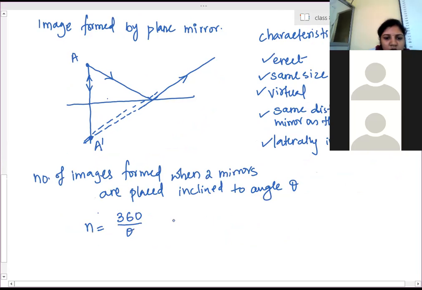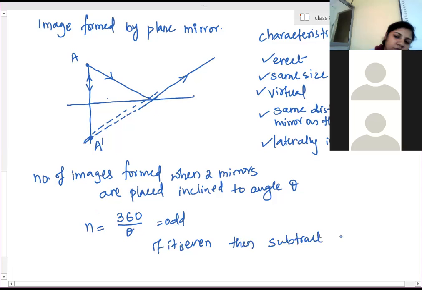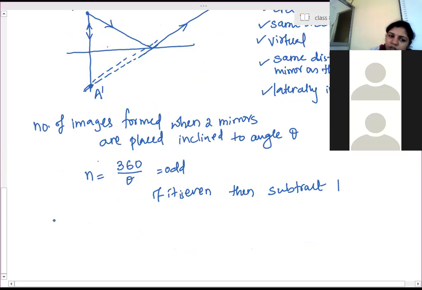It should be odd. If it is even, then subtract 1. So for example, if they are perpendicular, that is 90 degrees, then the number of images will be 3. 360 by 90 is equal to 4. 4 is even, then subtract 1. There will be 3 images.